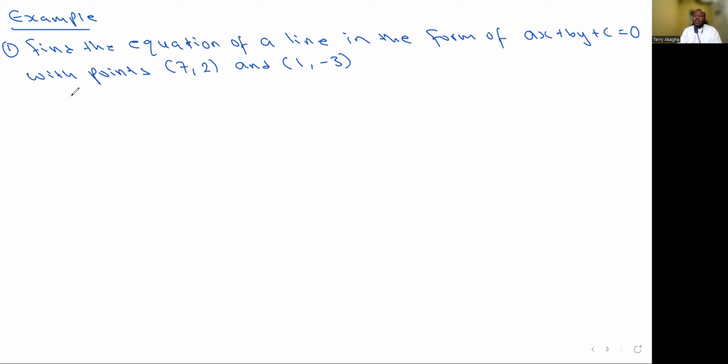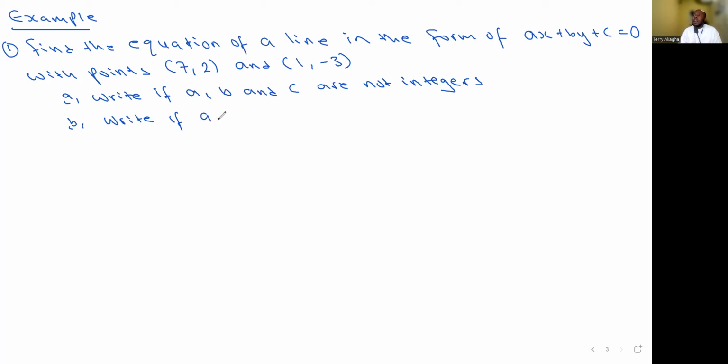Okay, it said write the equation if a, b, and c are integers. Is that okay? So let's go.